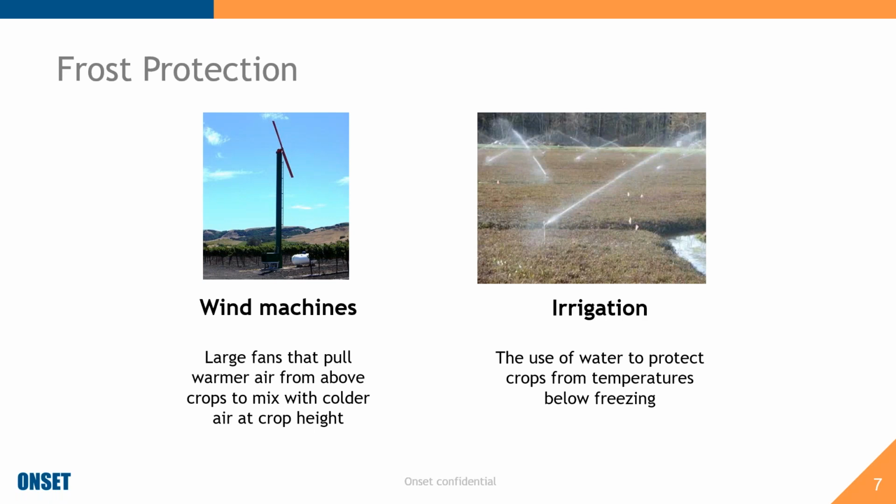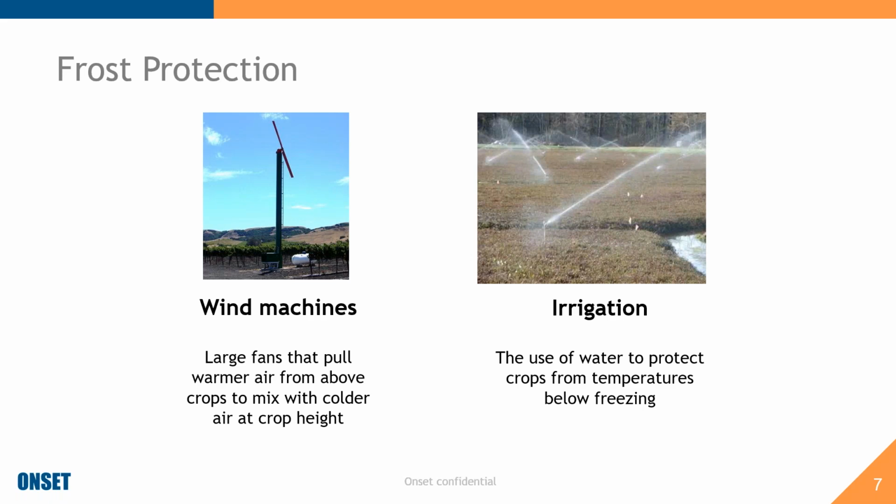So there are several methods for preventing frost or frost damage. We'll focus on the two here that we see our HOBOnet systems combined with most frequently, those being wind machines and irrigation. I assume most of you are familiar with this, but in wind machines, you're pushing warmer air from that inversion layer down onto the crops to replace that cold air surrounding your crops.